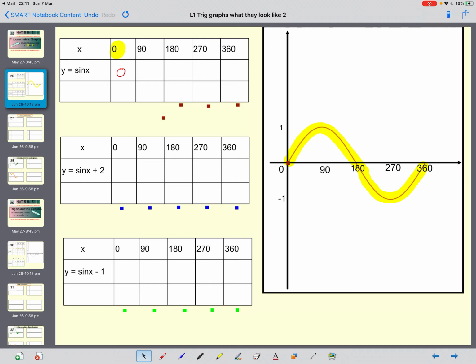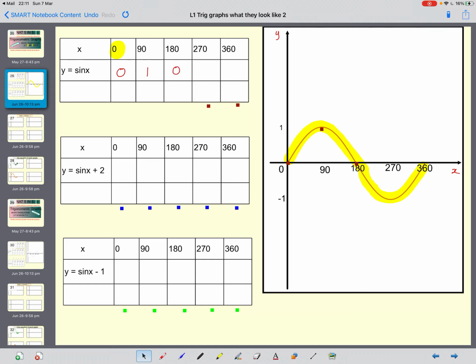If my x was 90, what is my y going to be? My y is going to be 1. When my x is 180, it's on the x-axis, so my y is obviously 0.